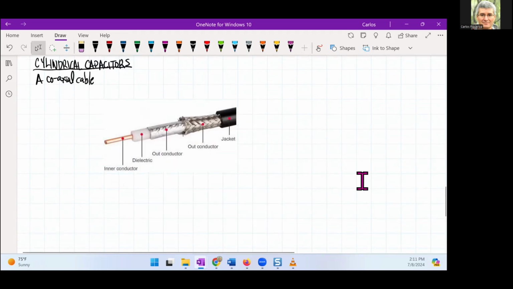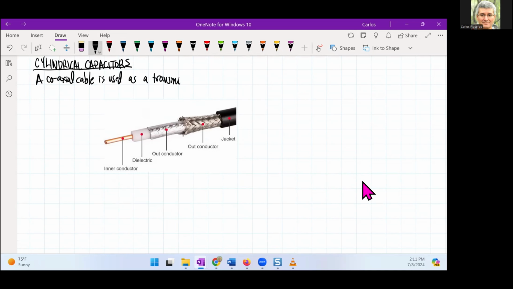And we'll go through the details. A coaxial cable is used as a transmission line for radios or radio frequencies.